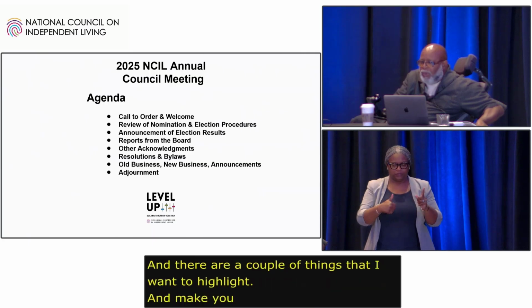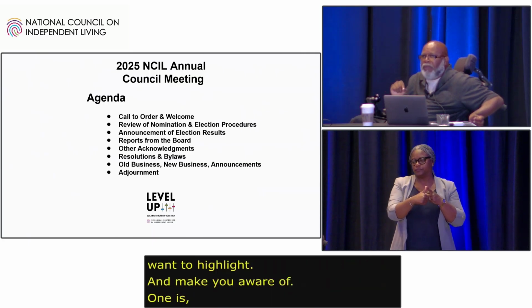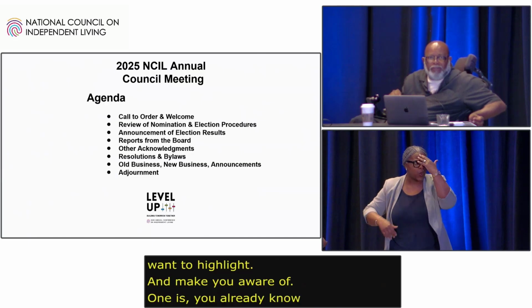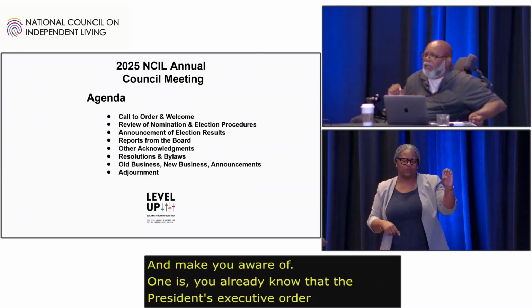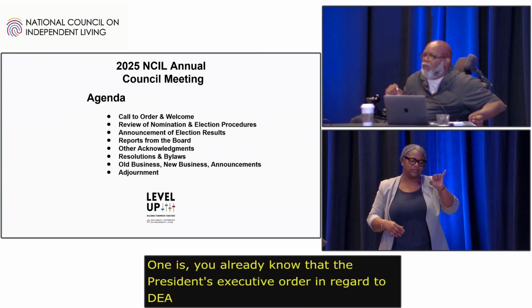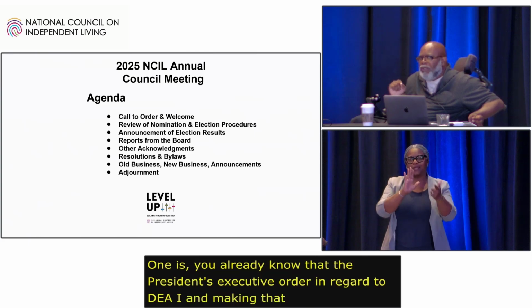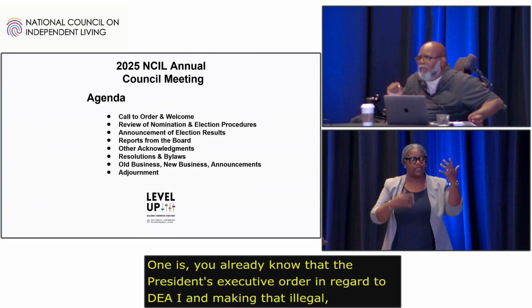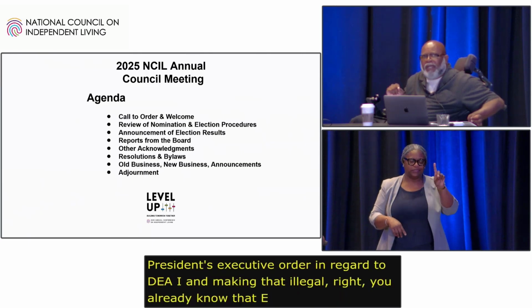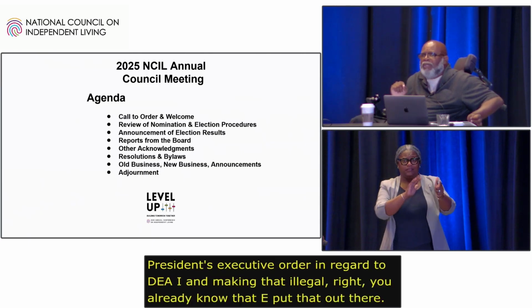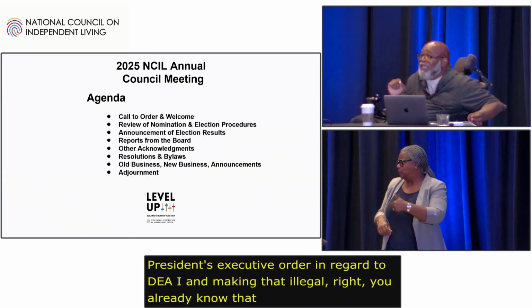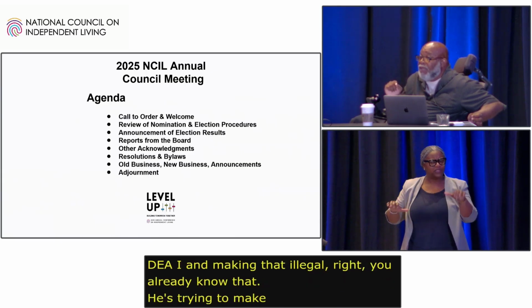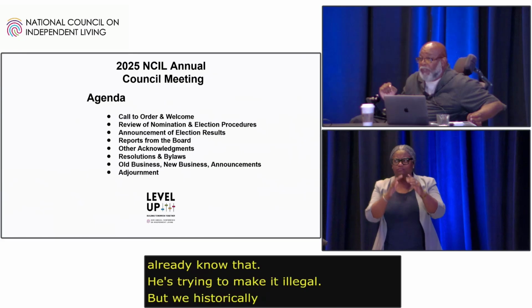One is, you already know that the President's executive order in regard to DEAI and making that illegal, right? You already know that. He put that out there, and he's trying to make DEI illegal. But we historically have not done anything illegal in regard to diversity, equity, inclusion, and accessibility.